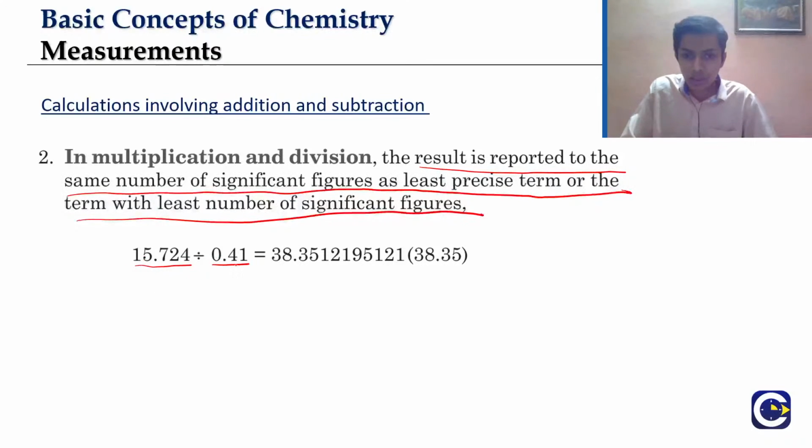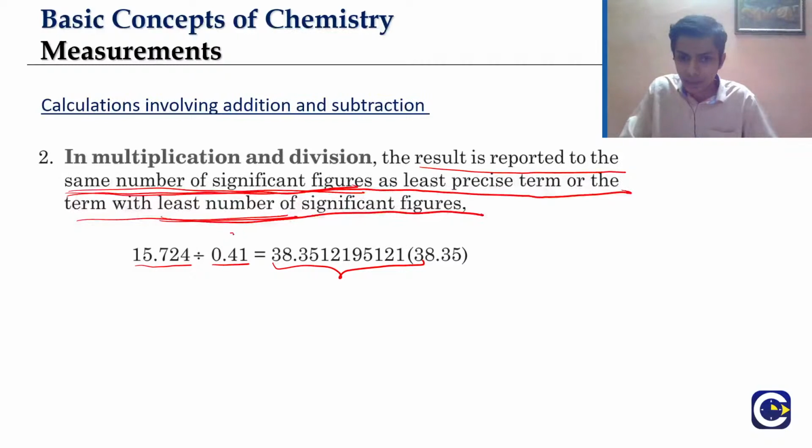When I perform this division, I'll get this value. But while reporting, we have to report in the same number of significant figures as that of the least.